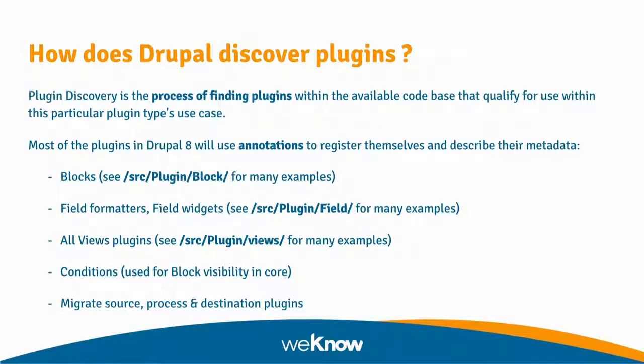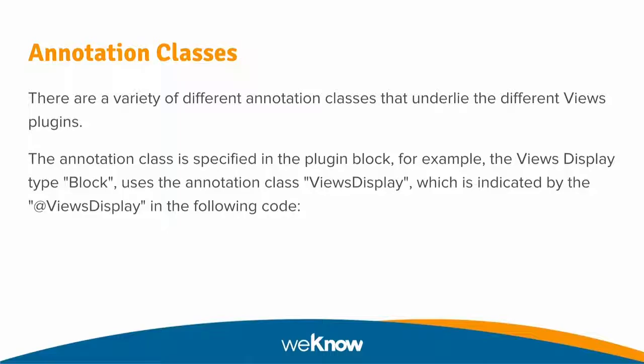Okay. So what is this deal with annotation classes? It's a way, like I said before, to tell Drupal what your block is going to do. So for instance, if we're trying to specify that this particular plugin controls how the block is going to be displayed, we're going to indicate it by doing @viewsDisplay.